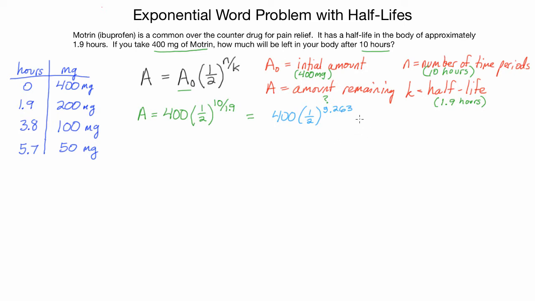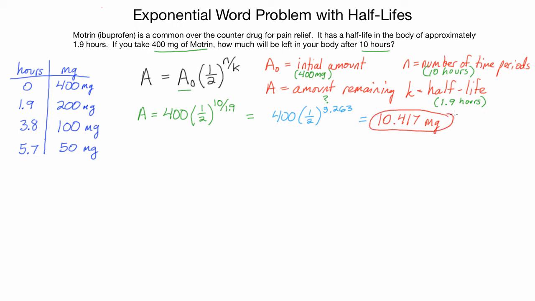And if I just calculate all that out, 400 times 1/2 to the 5.263 power, I'm going to get 10.417, we'll round it to the nearest thousandth, 10.417 milligrams.